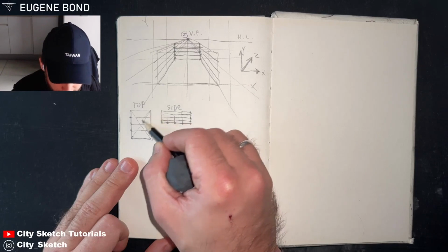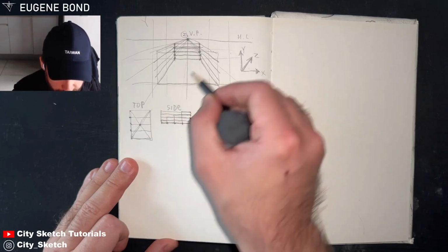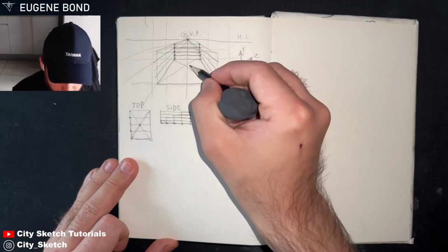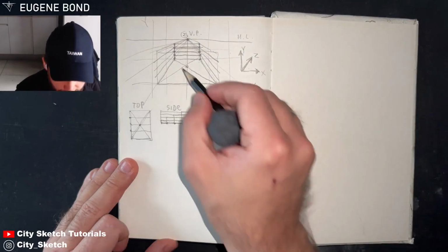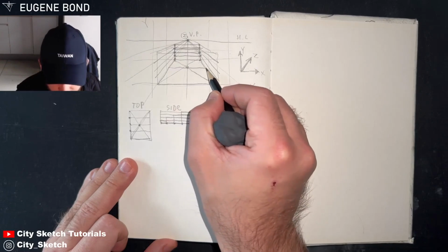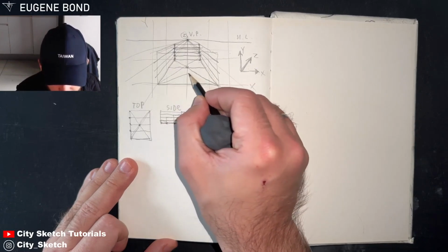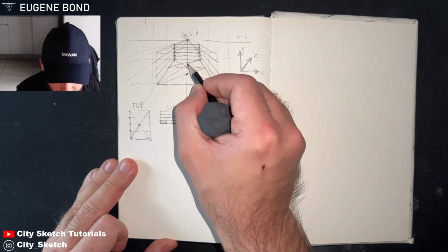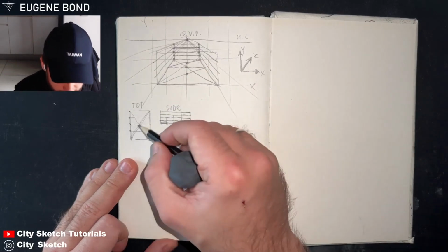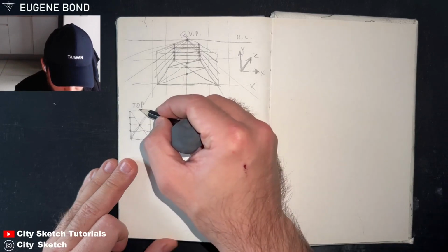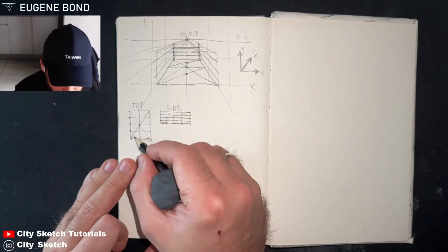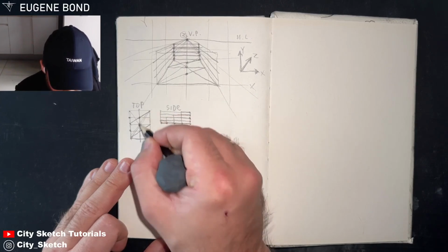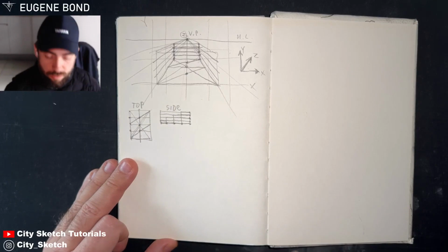With a cross I find the center. I make this line, and then this diagonal line, and when it crosses this middle line, it makes an equal division.